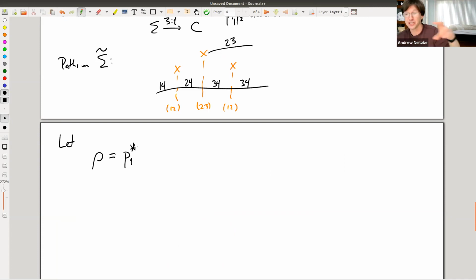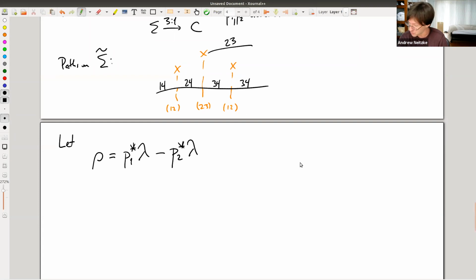We have these two projections, P1 and P2, projection on the first factor and second factor, on the first sheet and second sheet. And what we'll do is we'll pull back the standard 1 form by both of those projections and subtract them. And that gives us a globally defined 1 form on this root cover.